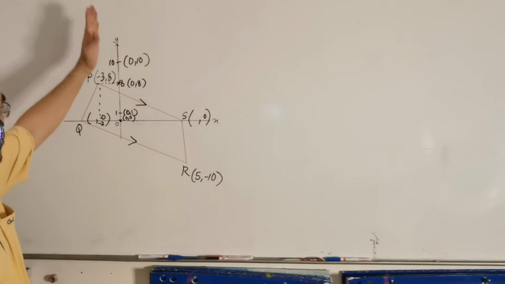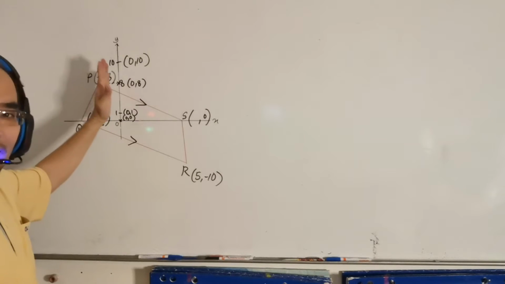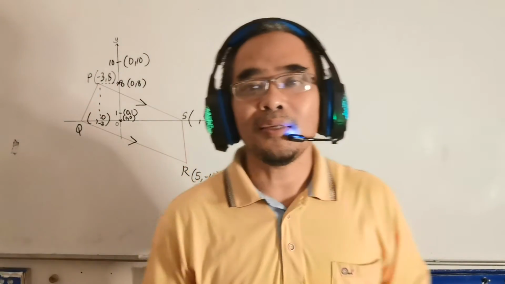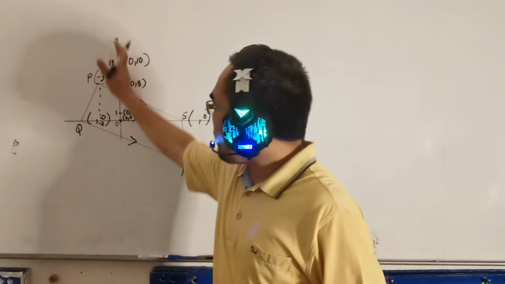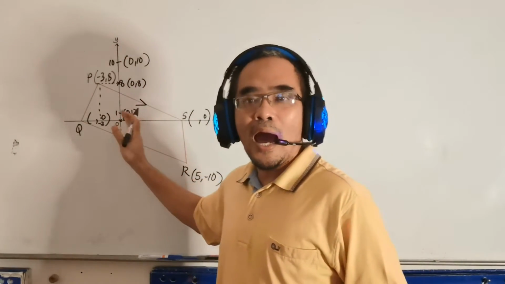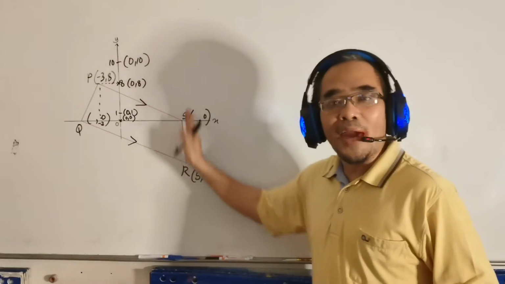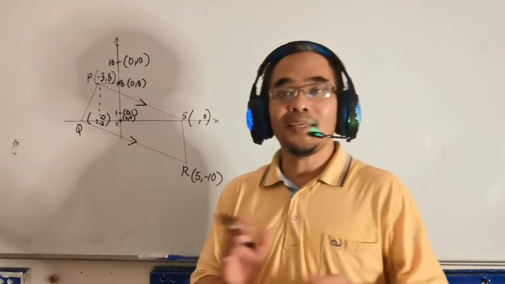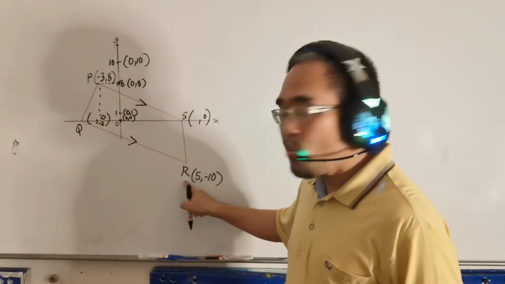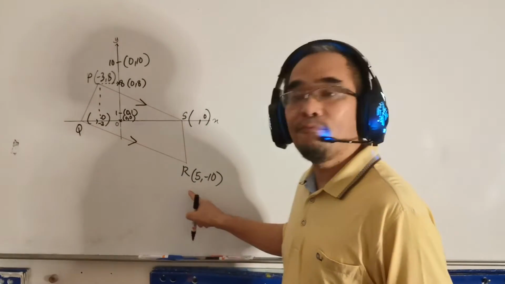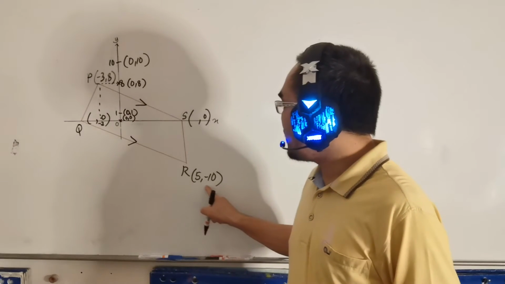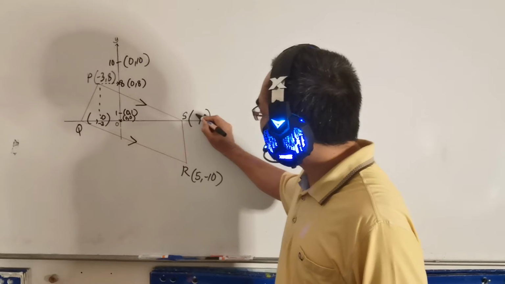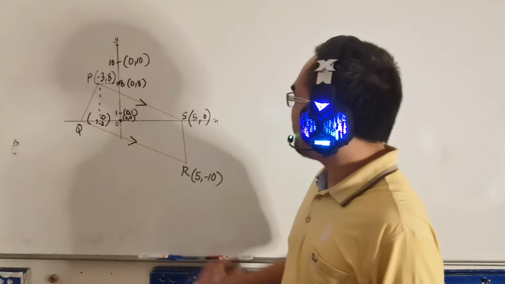So is it related to RS? Yes, in the sense that all the values of x here are constant. The value of x here is also constant. That is, they are the same. Right now R is given as 5, -10. So the value of x for S is also 5.